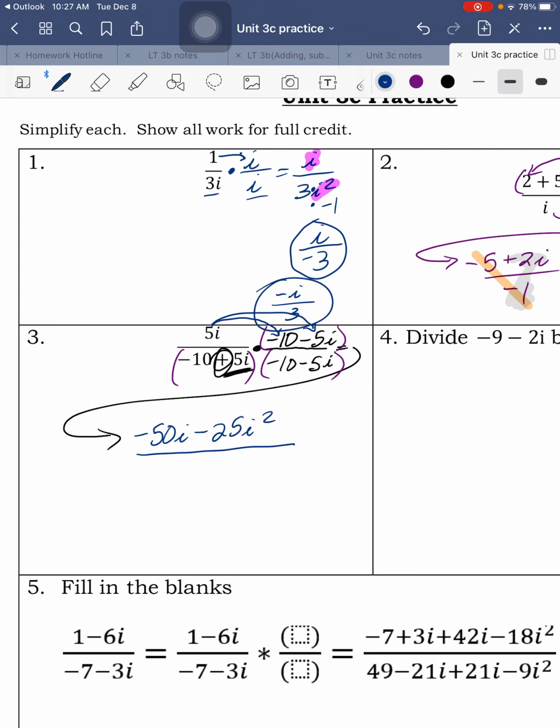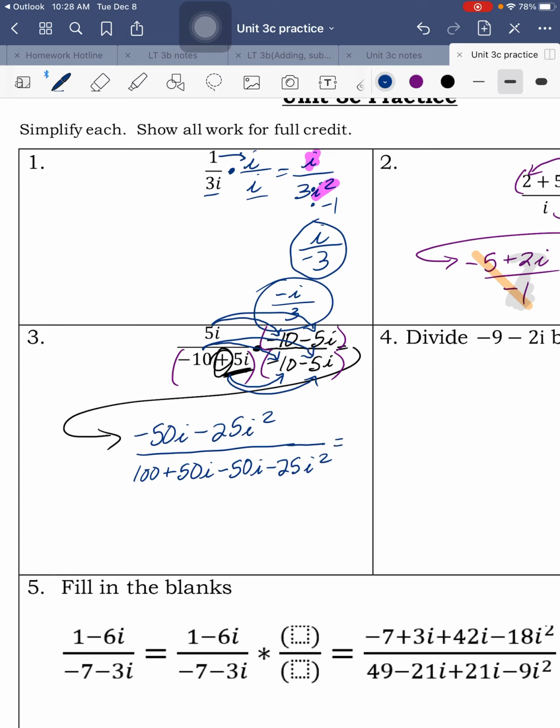Denominator, you just got to be careful and go slow. -10 times -10 is +100. -10 times -5, a negative times a negative, is +50i. Then let's multiply the +5i times -10, which is -50i. +5i times a -5i is a -25i squared.